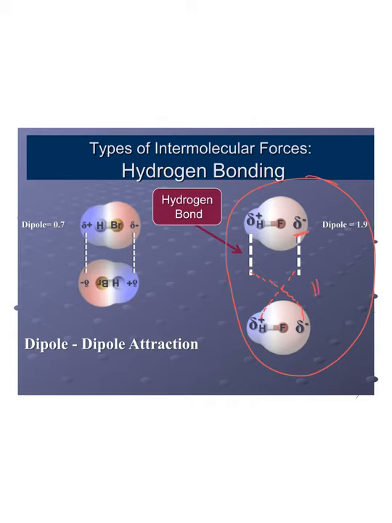These are called hydrogen bonds, and hydrogen bonds are the granddaddy of the van der Waals forces. They are very strong and definitely are going to affect the character of our chemical nature.